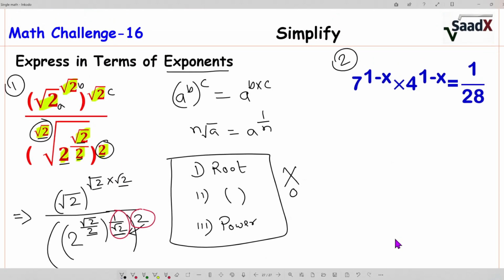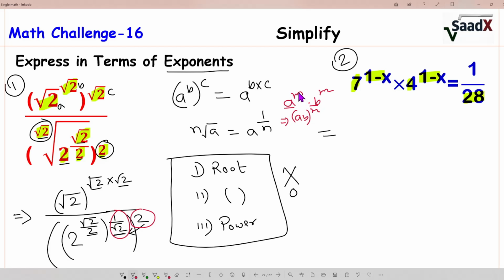Now we will try to solve another one. This one also very interesting. 7 to the power 1 minus x times 4 to the power 1 minus x equals to 1 by 28. So what can we do? Look, suppose a to the power m times b to the power m, we can write ab to the power m, because this is multiplying.